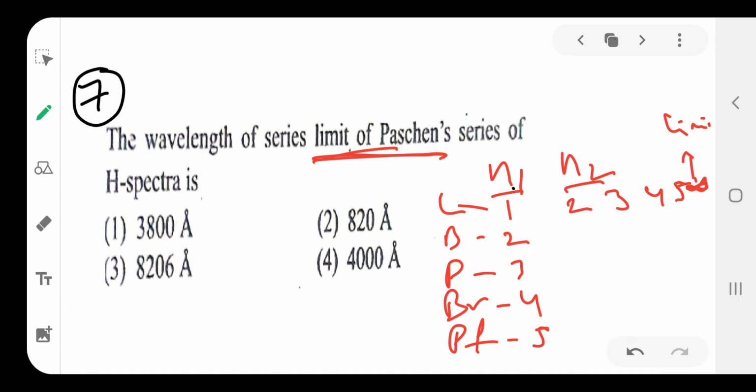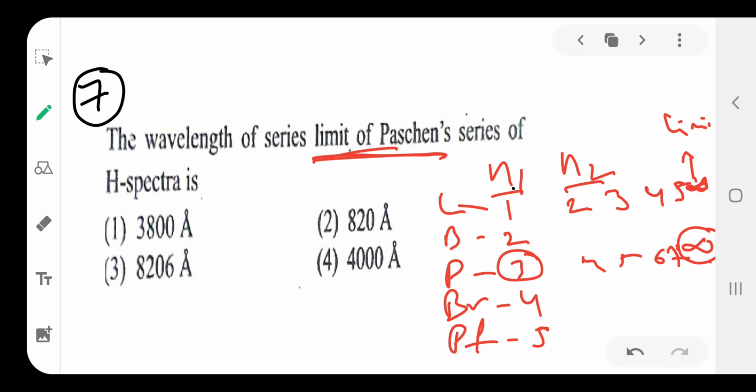So like that here also, the Paschen series limiting line is at infinity. It is not 4, 5, 6, 7. It is infinity. That means n1 value is 3, and n2 value is infinity, which we have to take in the formula. Then only we will get the wavelength of the limit of the Paschen series.